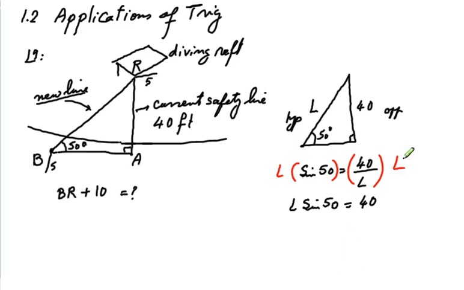Or you simply say I cross multiply. We need to be fast in rearranging equations which have fractions on the two sides. The terminology is that you are solving it by cross multiplication. Somehow you bring yourself to this stage, and then next we want to find L itself, so I have to divide by sine of 50.